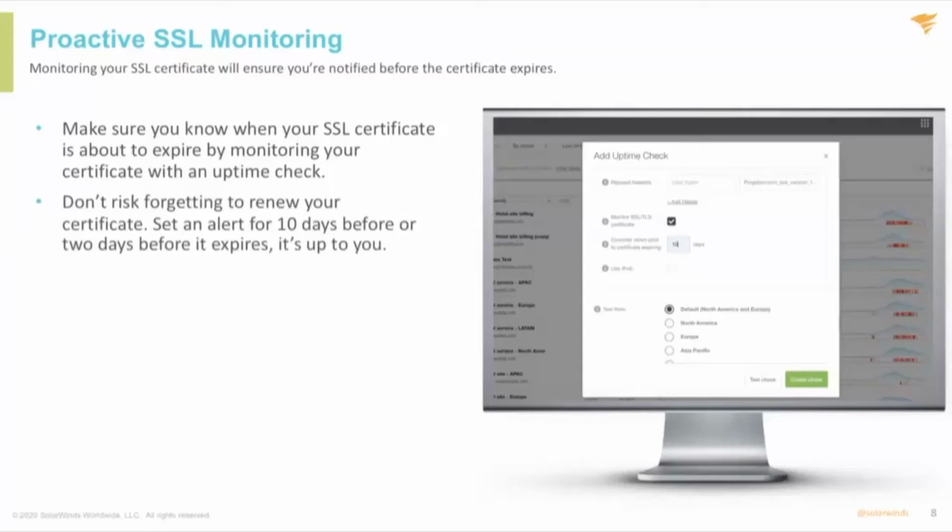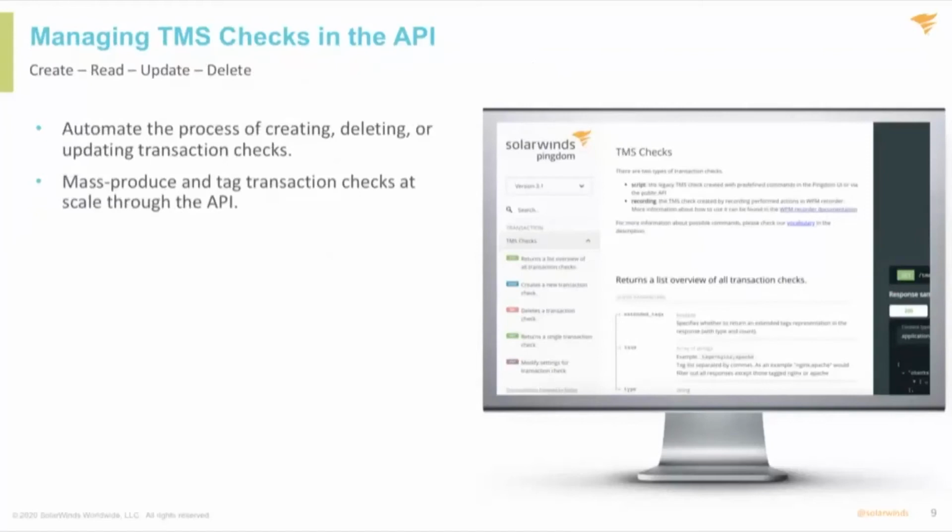And moving on to managing TMS checks in the API. So we have extended our API support to support CRUD functionality. This will allow automation to be easier and maintaining your TMS checks easier.